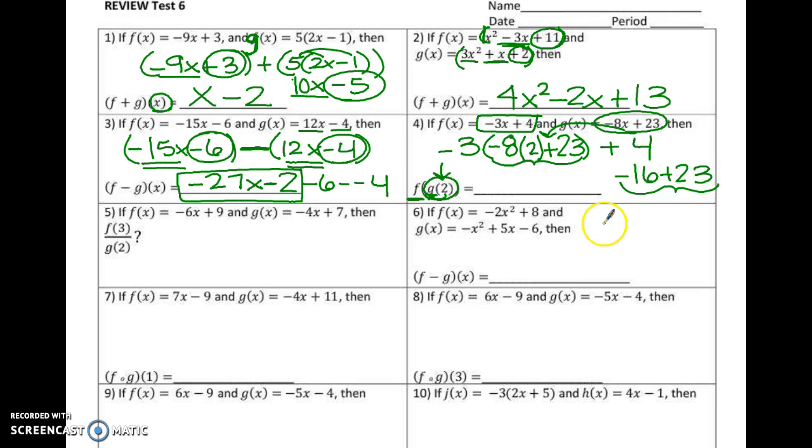Inside those parentheses, I'd end up getting 7 if I add those two together. And now negative 3 times 7 is negative 21, plus 4 is negative 17.